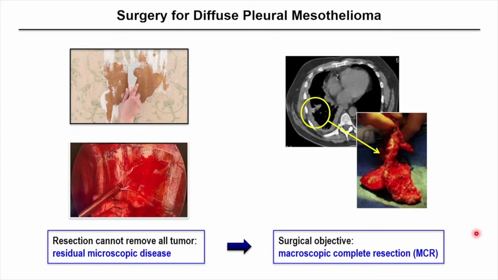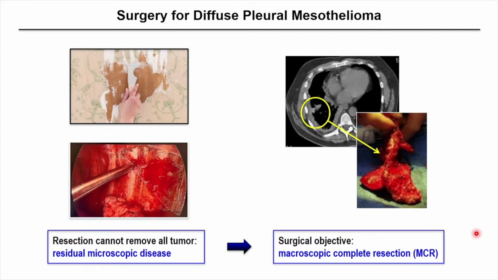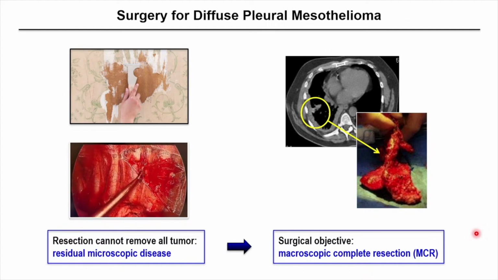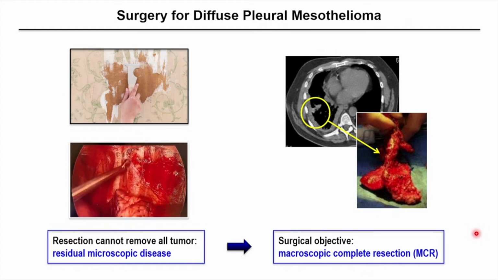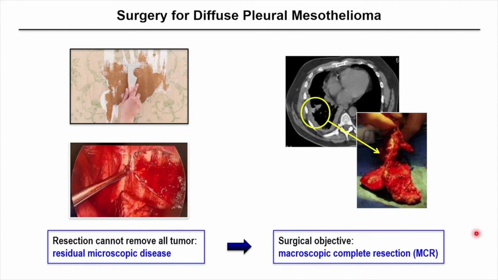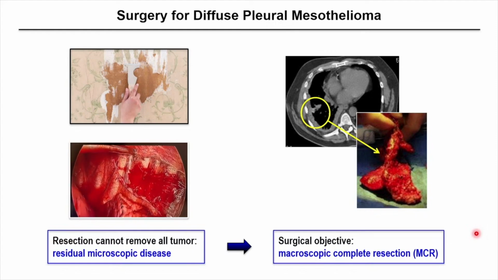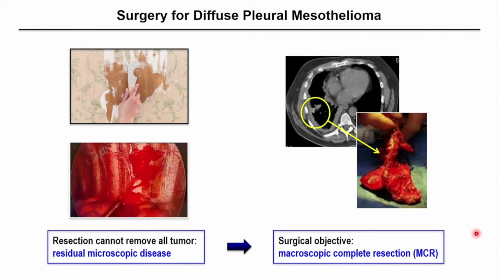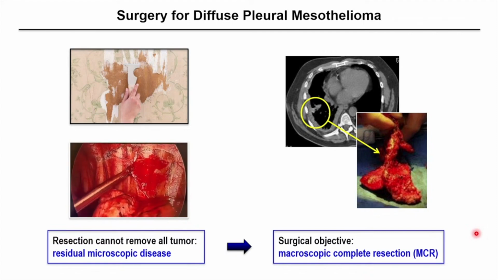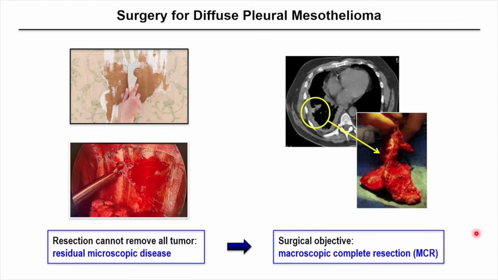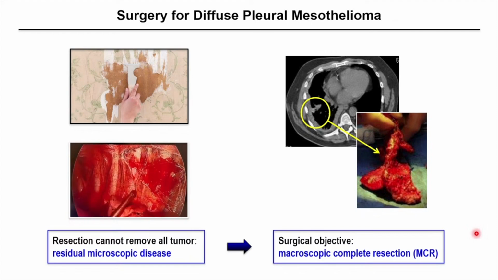These are usually left behind, and the surgeon can't see it with the naked eye. And so our general objective, anytime that we entertain curative intent surgery, is to accomplish removal of all visible or palpable tumors. And this is what we term in the lingo macroscopic complete resection, or an MCR. And if you read the clinical trial data papers, that's what the surgical objectives are.